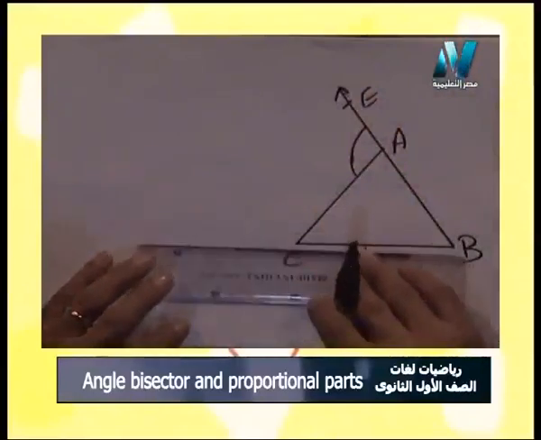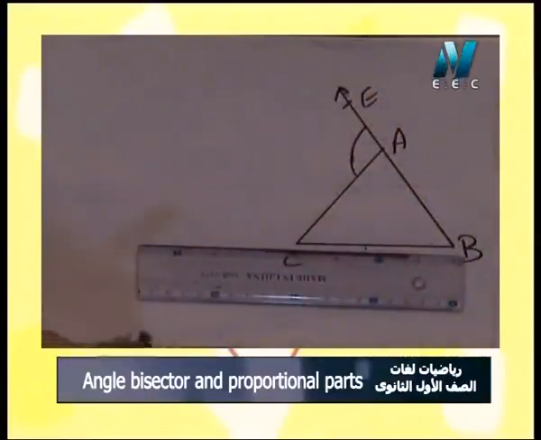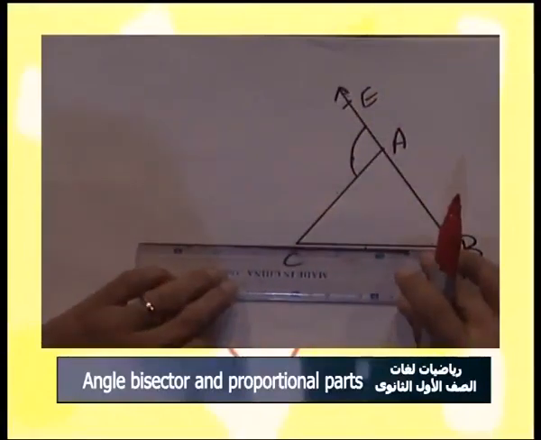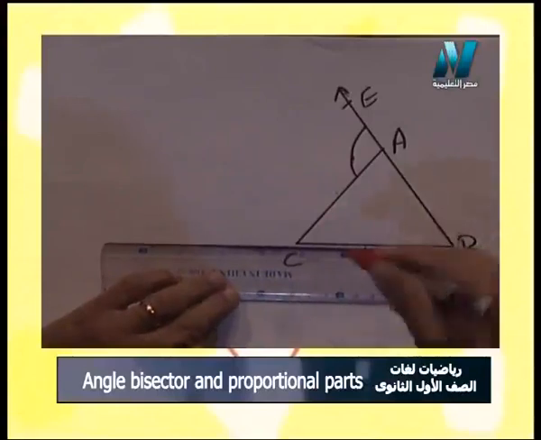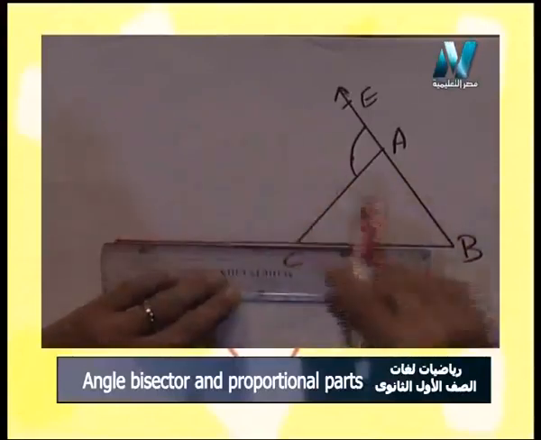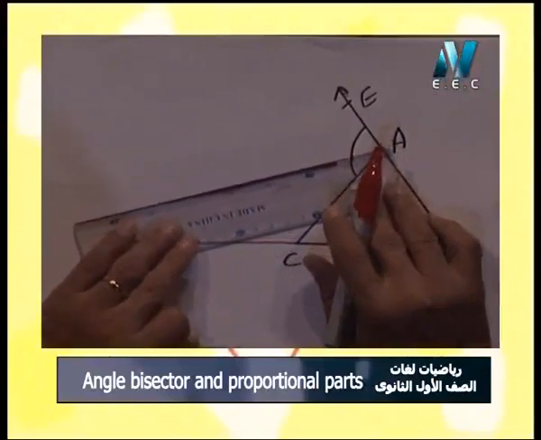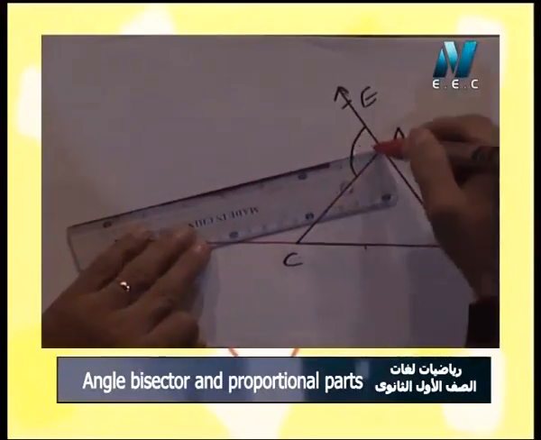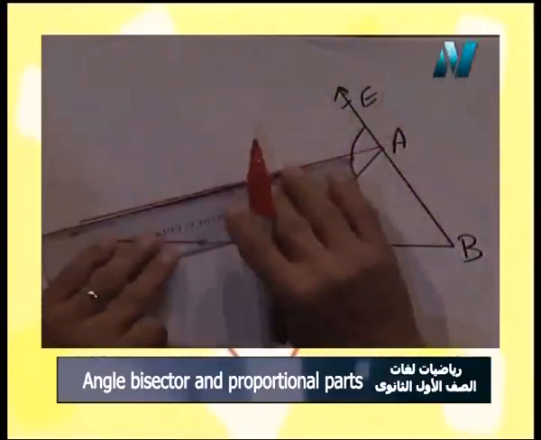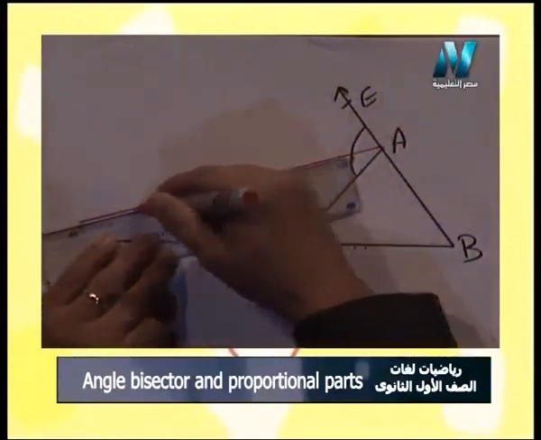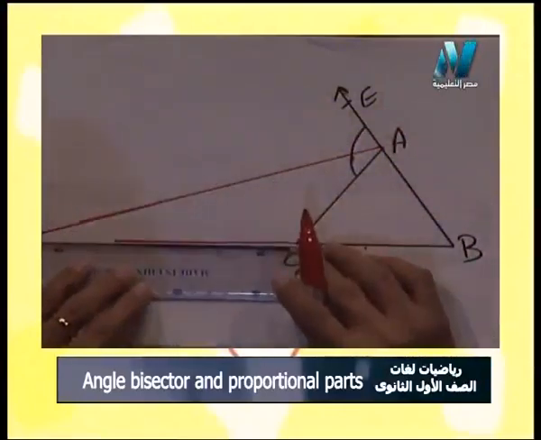And if we extend the ray BC like that, and we have the exterior bisector of the angle, it is an exterior bisector like that.